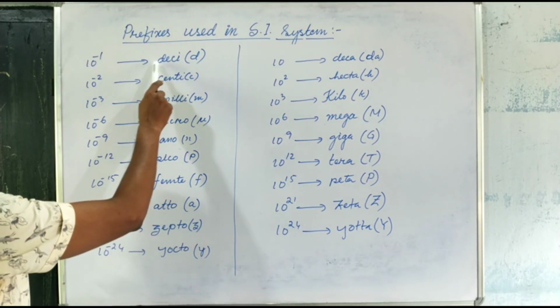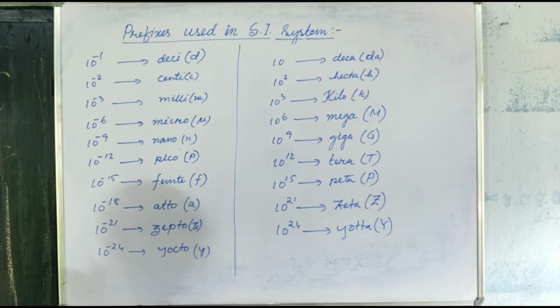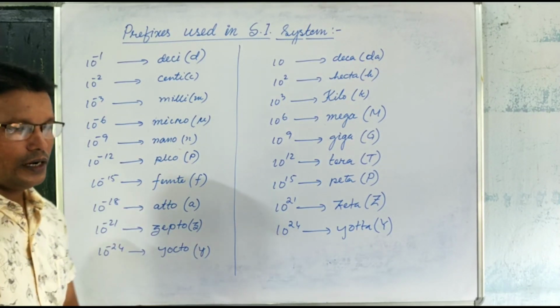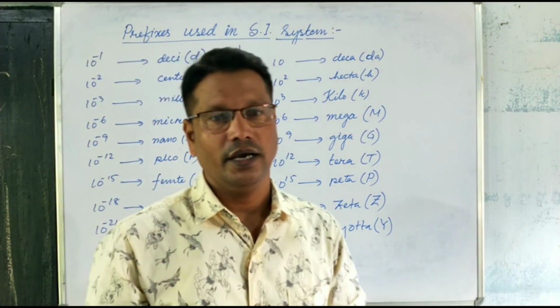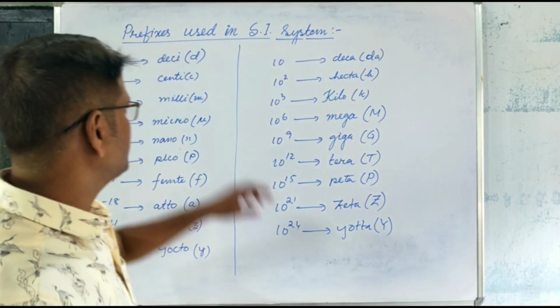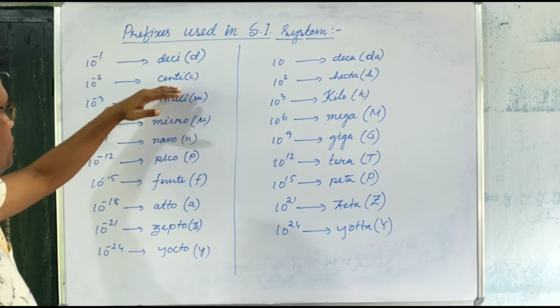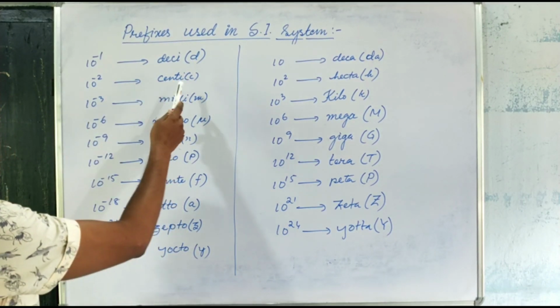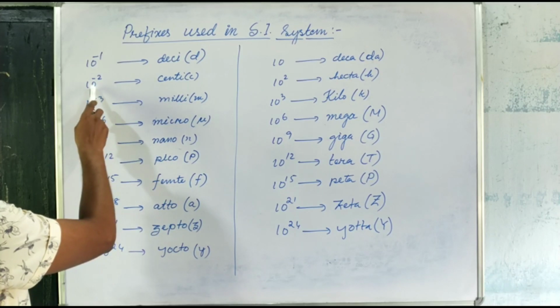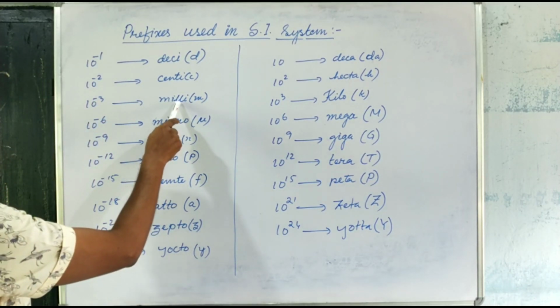So here it is the prefix called deci, and it is expressed as 10 to the power minus 1. Okay, and the symbol for deci is d. Similarly, another prefix is centi, which is 10 to the power minus 2. We have milli.